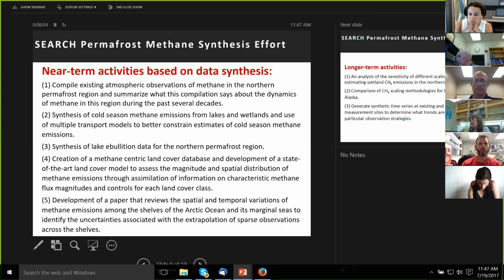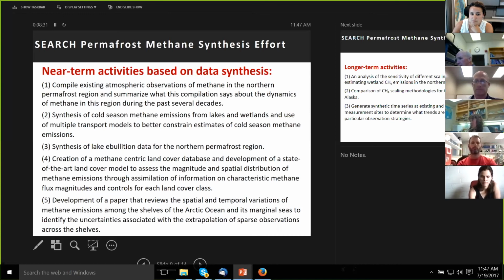A third is the synthesis of lake ebullition data. And a fourth is the creation of a methane-centric land cover database and the development of a state-of-the-art land cover model to assess the magnitude and spatial distribution of methane emissions through the assimilation of information on characteristic methane flux magnitudes and controls for each land cover class.